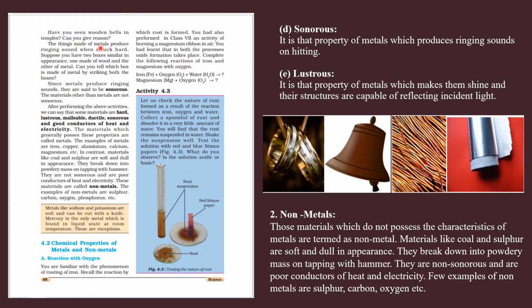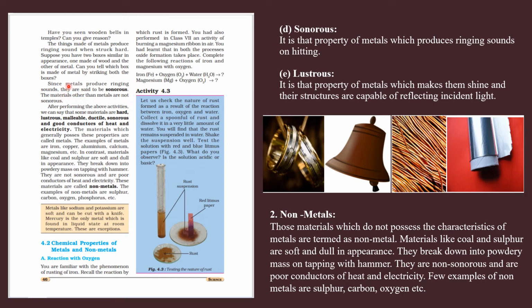Have you seen a wooden bell in a temple? No. Things made of metals produce a ringing sound when struck hard. Suppose we have two boxes of similar appearance, one made of wood and the other of metal. By striking, which one can make a sound?